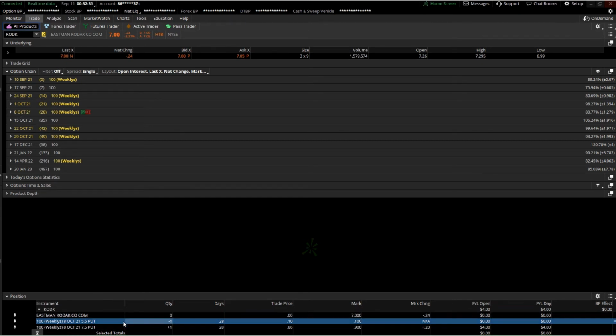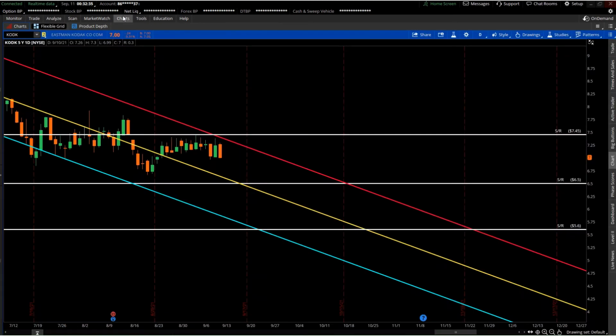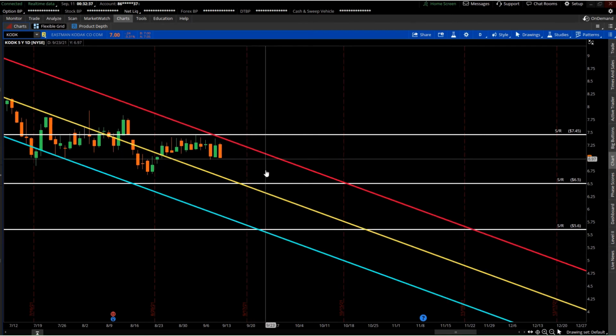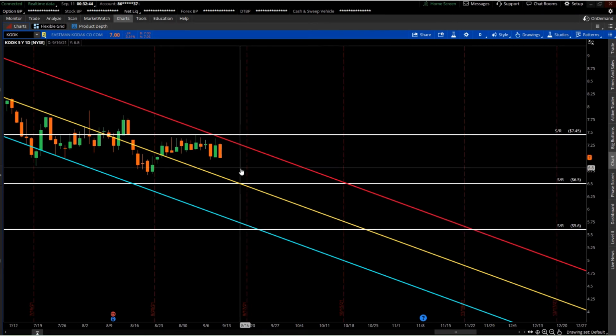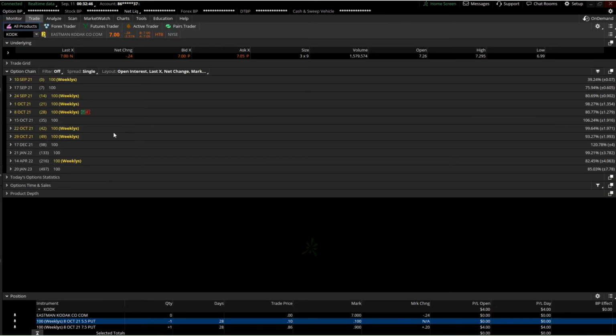What I'm essentially saying here is that because I feel that price is going to continue ranging between 745 and as low as 560, this vertical spread is doing exactly that.